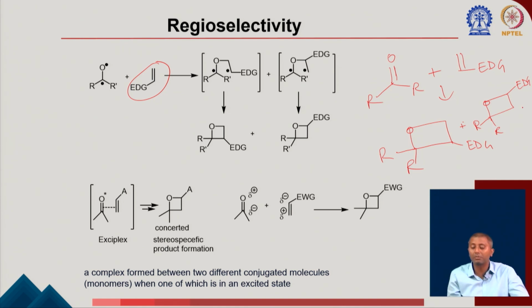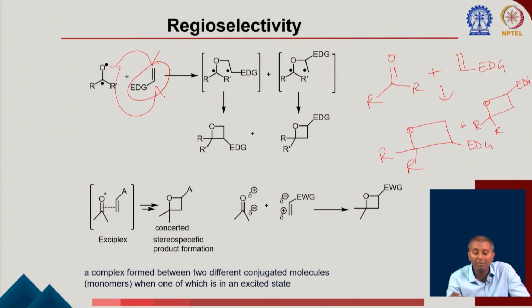Now the question is which one will be major and which one will be minor, and the same thing if you have an electron-withdrawing group, then what will be the scenario. Once you have this oxo radical species, this can add here, and the question is what are the different possibilities? It can add here or it can add here.